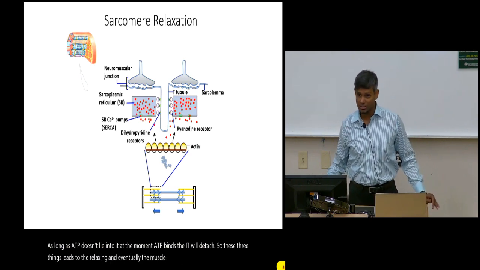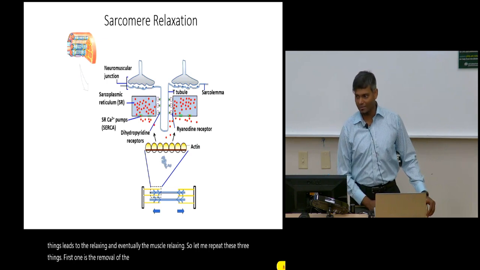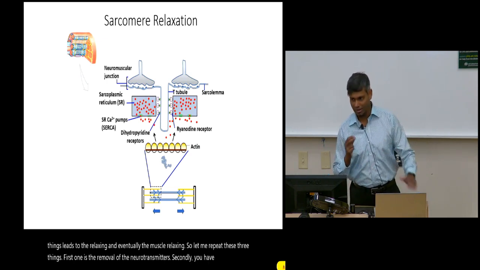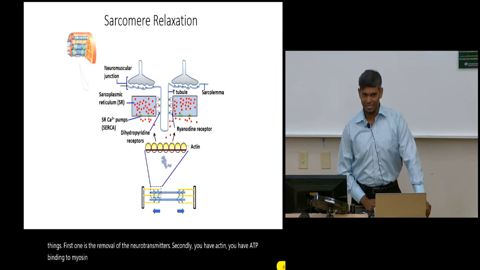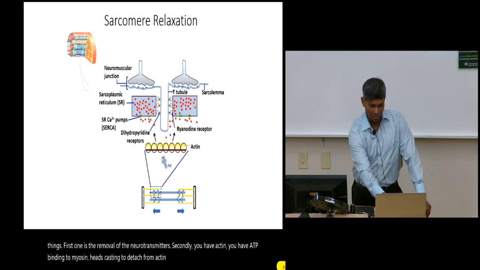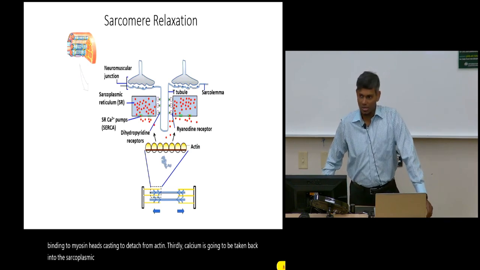Let me repeat these three things. First one is the removal of the neurotransmitters. Secondly, ATP binding to myosin heads, causing them to detach from actin. Thirdly, calcium is going to be taken back into the sarcoplasmic reticulum through the SERCA pumps. That's how the muscle relaxes.